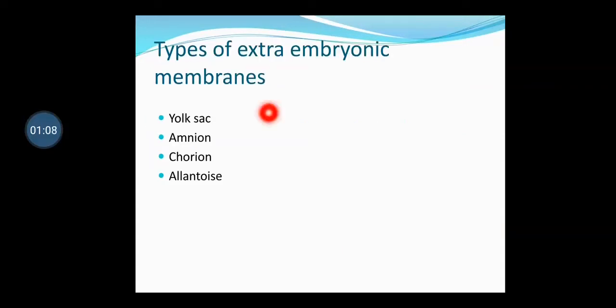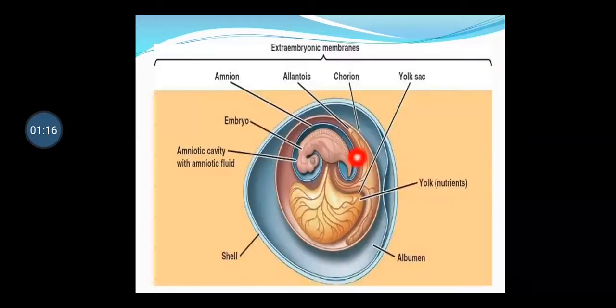Here are the types of extraembryonic membrane: the yolk sac, amnion, chorion, and allantois. This is the diagram of a chick embryo, and this is the developing embryo, and this blue portion around the baby is called the amniotic bag.